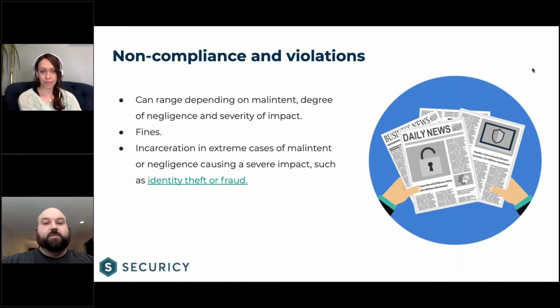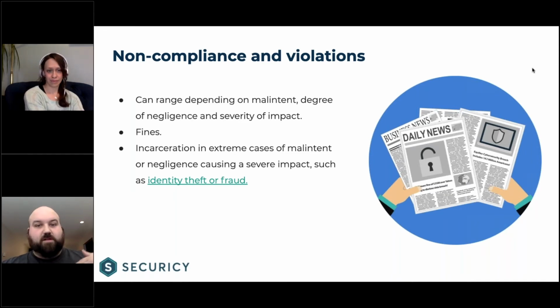That's PHI. If that information gets leaked, such as if they get hacked, there's a breach, or even accidental disclosure, like sharing a document on Google Drive with the public, that can be considered a breach, because if it was ever publicly available, you can assume that it's compromised.